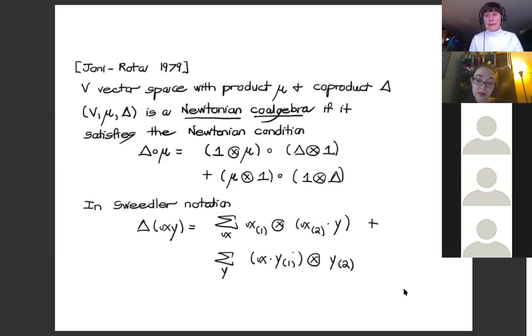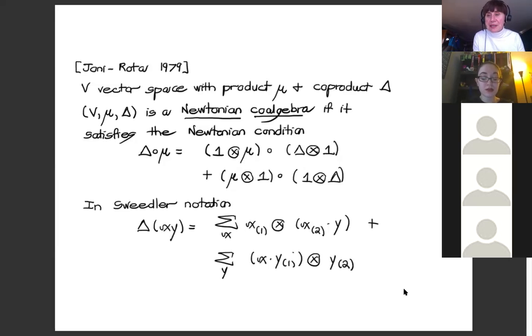Okay, so this looks very complicated, but it's actually not. Gian-Carlo Rota came up with this idea of a Newtonian coalgebra. Let's say in the background you have a vector space with some kind of product and some kind of coproduct. And we say it's a Newtonian coalgebra if it satisfies this thing called the Newtonian condition. What is this?